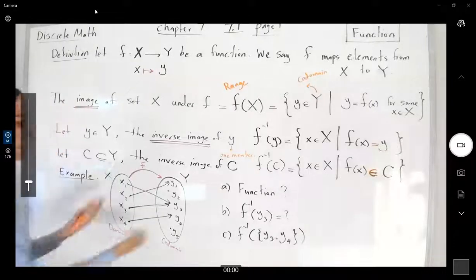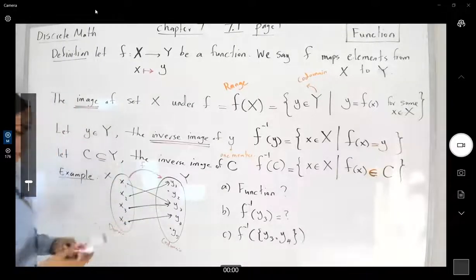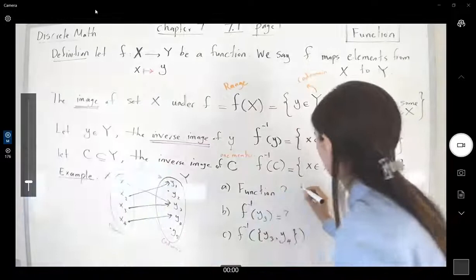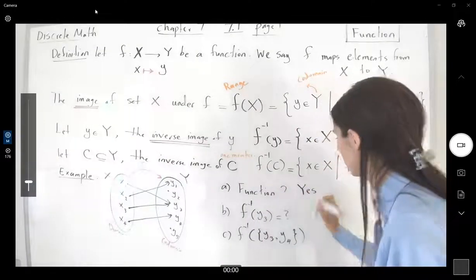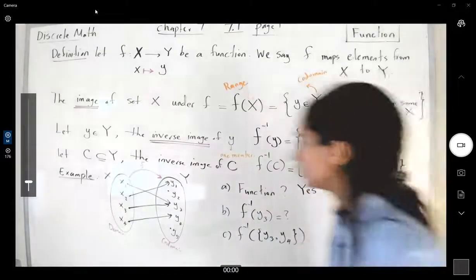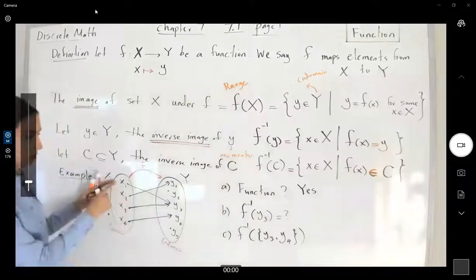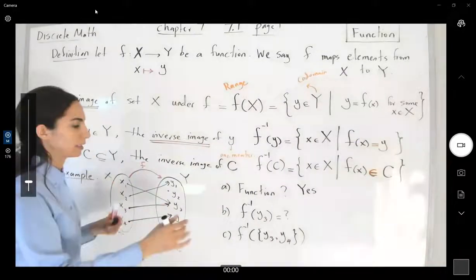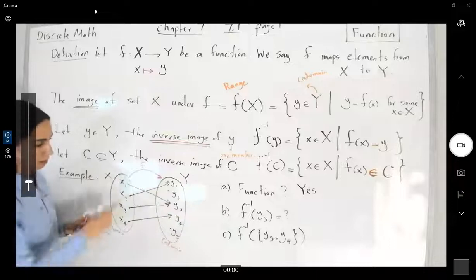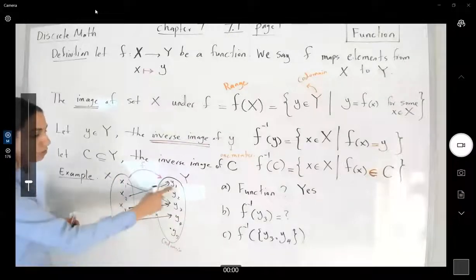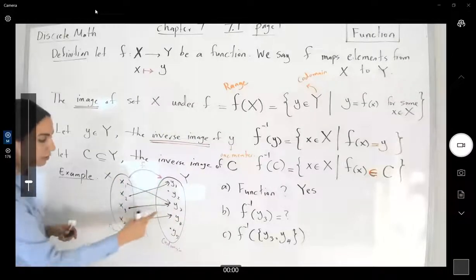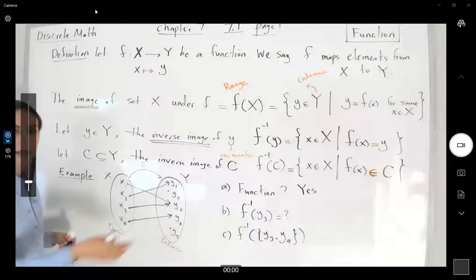Perfect. So is this a function? Yes, of course, it is a function. Each value in the domain is connected to some element in the codomain: x1 to y3, x2 to y1, x3 to y3, x4 to y4, and so on.